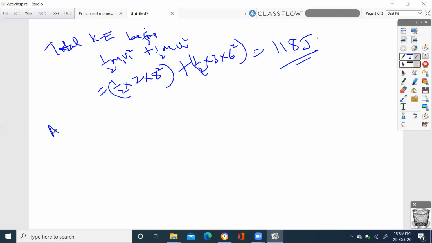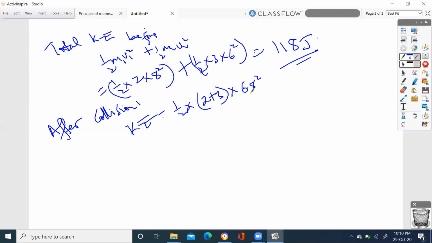Then after collision, the kinetic energy is equal to a half times 2 plus 3 times our velocity 6.8 squared. Remember the final velocity was 6.8. So we have 6.8 squared times 5, the answer is 115.6 joules, correct.